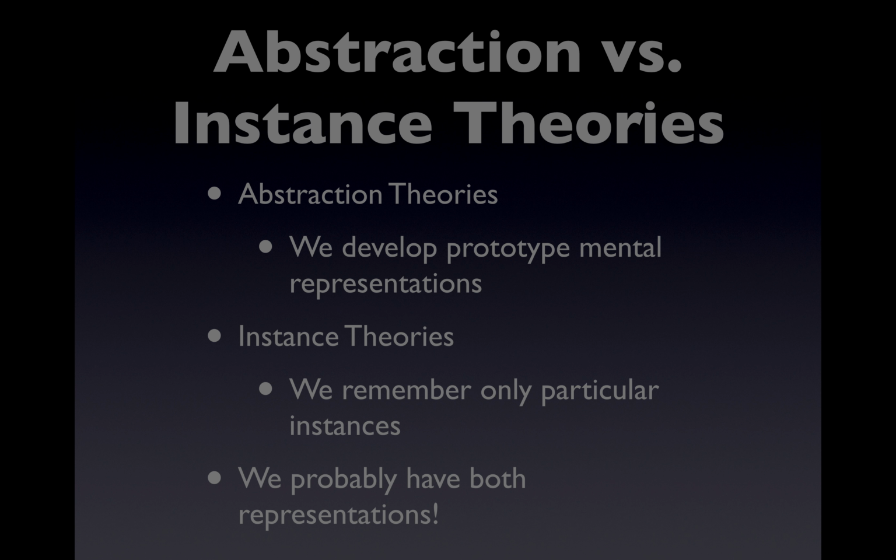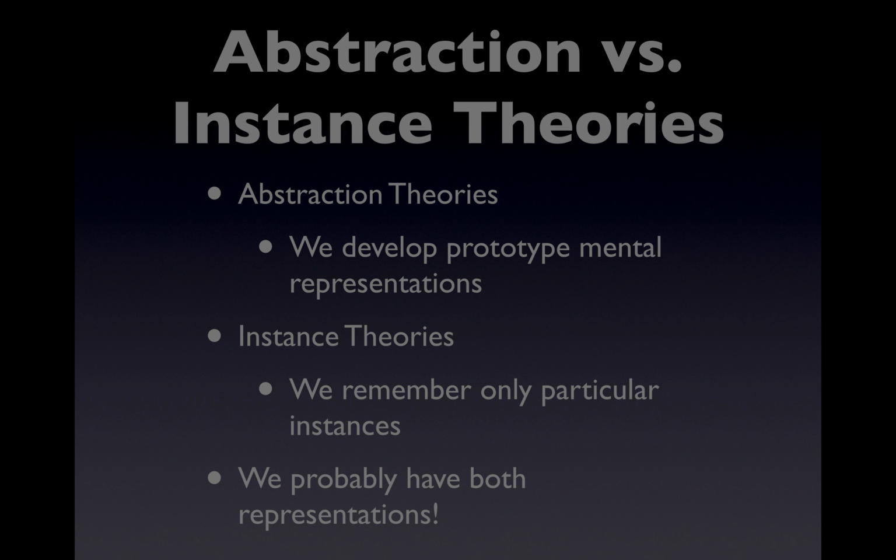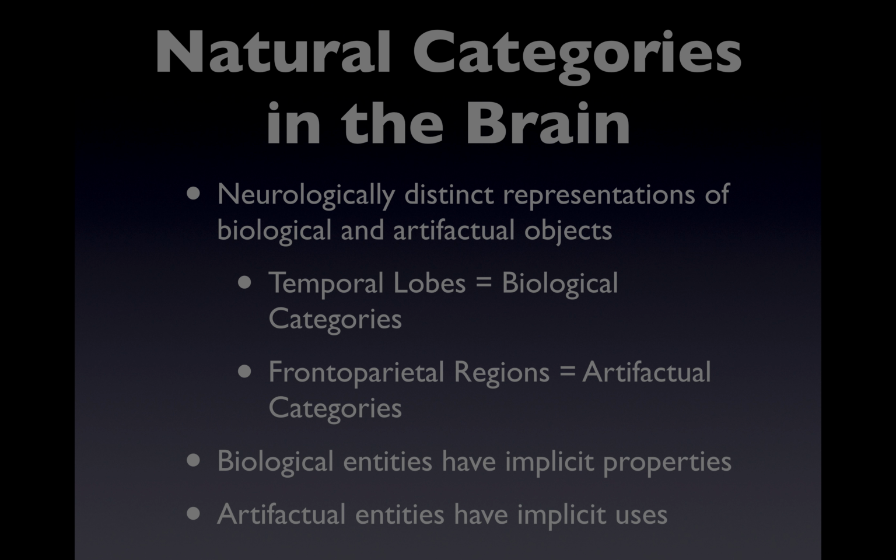So I was thinking of sort of an average apple, but it was influenced by the fact that I've been buying a lot of green apples for the last couple of years. So that's probably why a green apple came to my mind first and not a red apple. But the truth is, we probably have both representations. In a few minutes, I'm going to tell you about some evidence for abstract categories that I think is super cool.